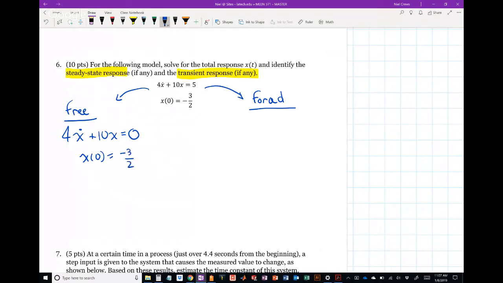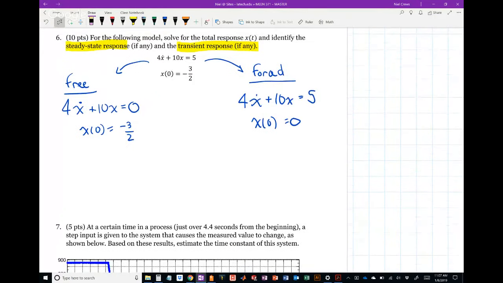And over here, we're going to solve for the forced response, 4x dot plus 10x equals 5, with x of 0 equals 0. So we're going to get a free response on this side, a forced response over on this side, and then we'll just add the two together, okay?